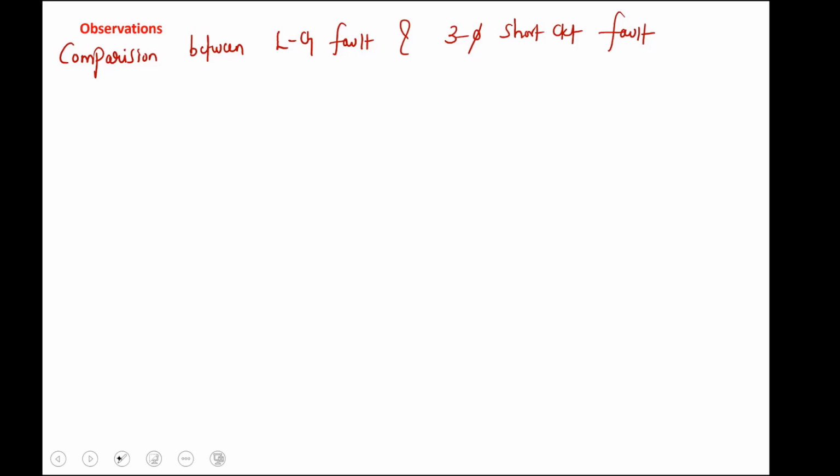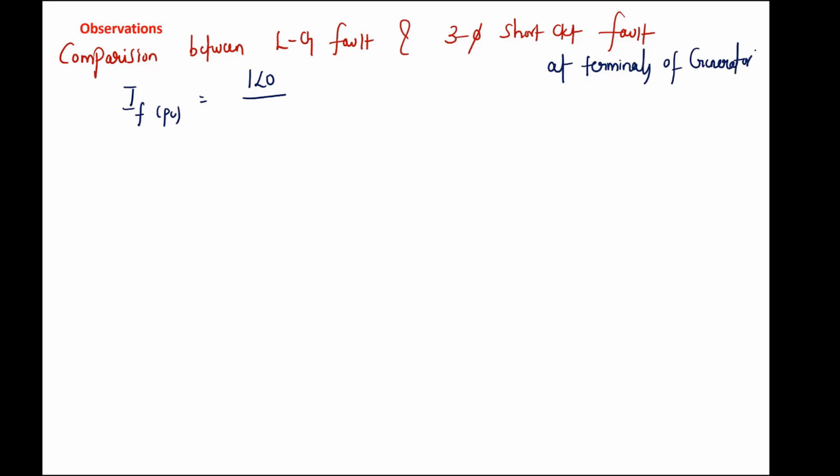If you remember our symmetrical fault analysis, the per unit fault current in case of a three-phase fault is 1 at an angle 0, that is 1 divided by Z1 equivalent. Or if you consider the fault at the terminals of the generator, we are only considering the fault at the terminals of the generator.